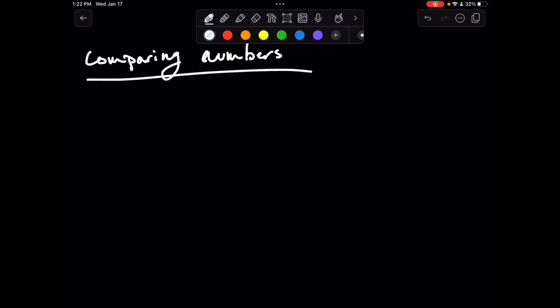All right, let's go ahead and take a look at how these inequalities work. So we have an example where we're going to be comparing numbers, and that's really all that we're doing when we talk about inequalities. So let's compare the numbers 10 and 9. We're going to ask ourselves which one is bigger. We know that 10 is bigger than 9.